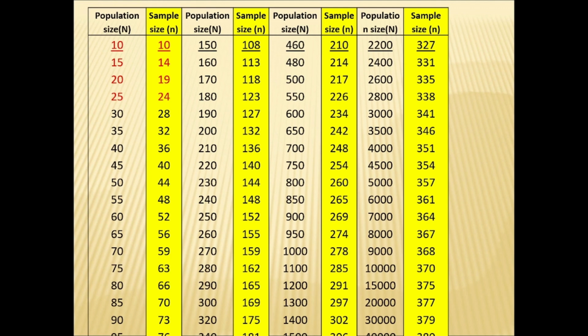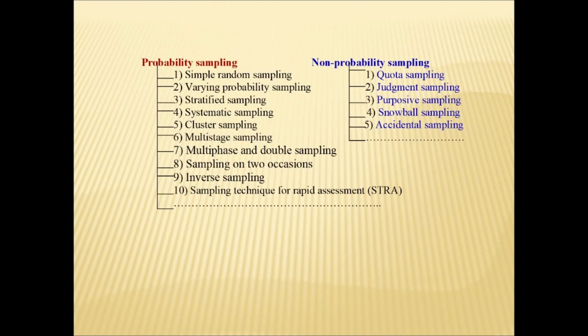What are the sampling techniques? Depending upon the variability of the populations, we need to have two different types of sampling technique. One is probability sampling, another one is non-probability sampling. Almost everyone is accustomed to simple random sampling: simple random sampling with replacement and simple random sampling without replacement.